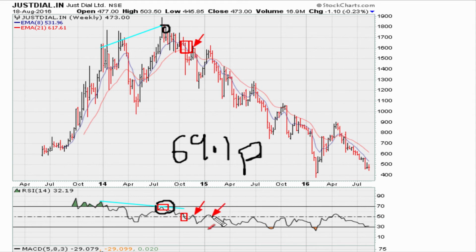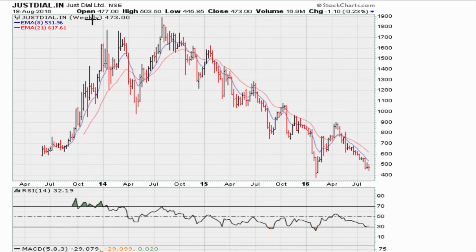All of these have been rejections: above 50 and back below it for those highs, here for the highs, here for the highs, and even for the recent highs here at about 900.